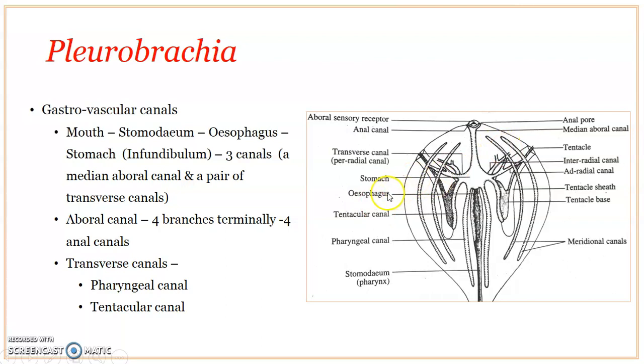The lining of each of these gastrovascular canals contains ciliated cells, and secretory gland cells are also present, especially in the pharyngeal canals. The significant feature of the gastrovascular canal system of Pleurobrachia is the bilaterally symmetrical position of the canals and the presence of two anal pores. So with all these structures, it almost gives a bilaterally symmetrical structure.